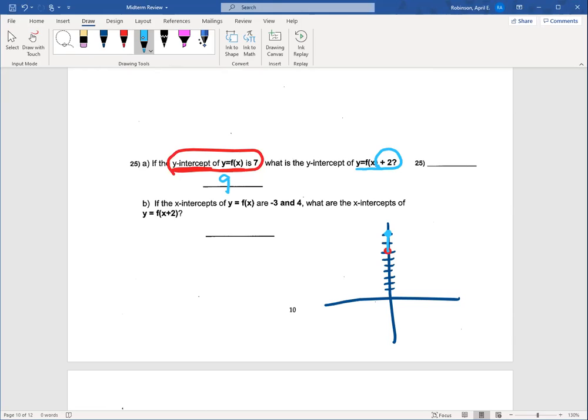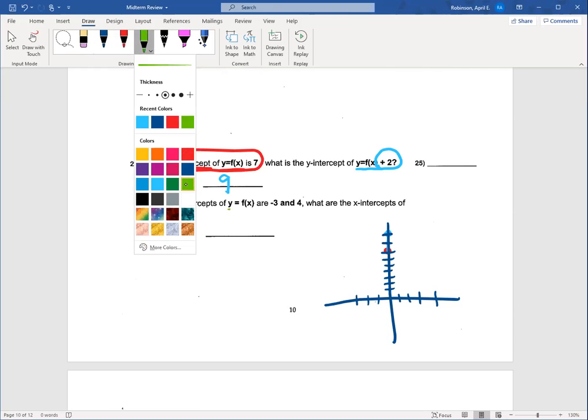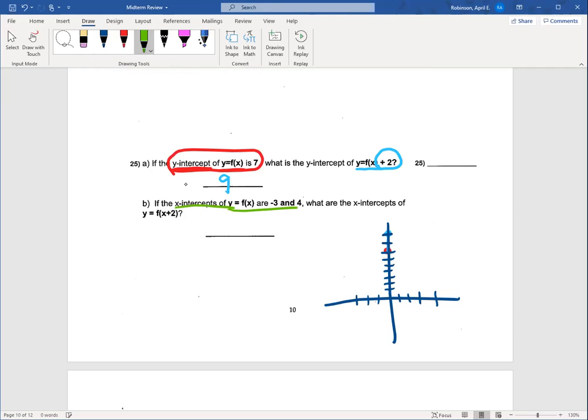And then it says if the x-intercepts of f of x are -3 and +4. So the x-intercepts are -3 and 4. And now we're going to do f of x plus 2.